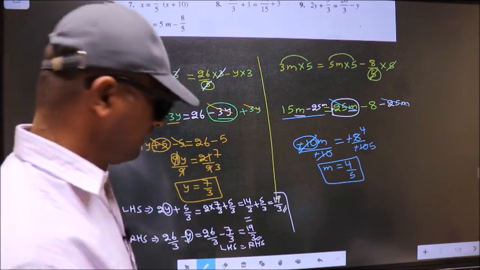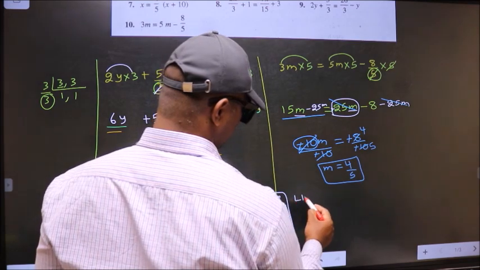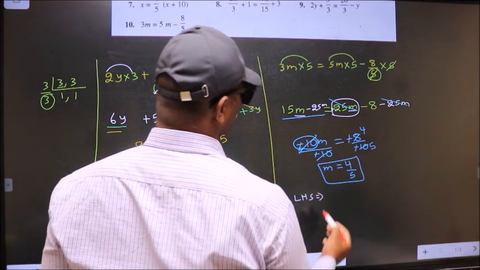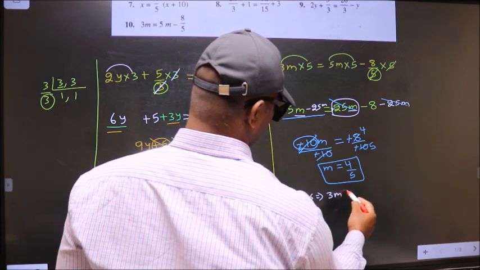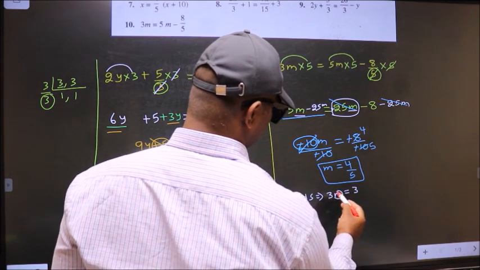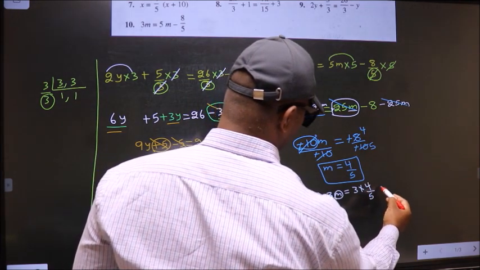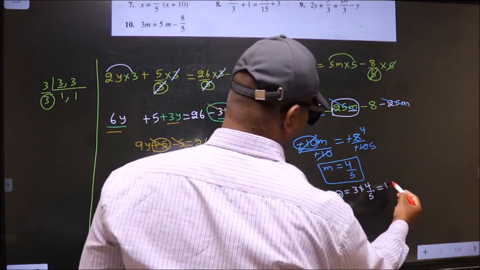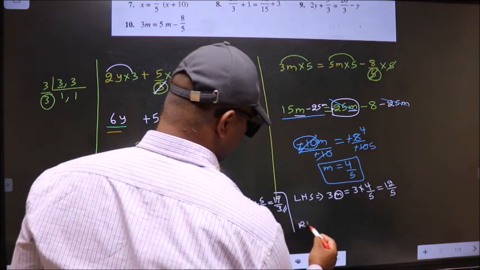Now to check, take LHS is 3m, that is 3, in place of m we write this 4 by 5, that is 3 into 4, 12 by 5. Now RHS.